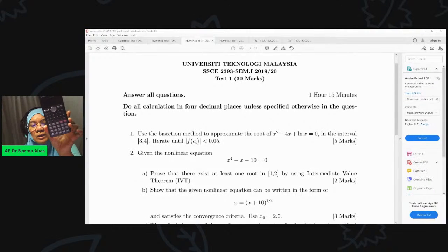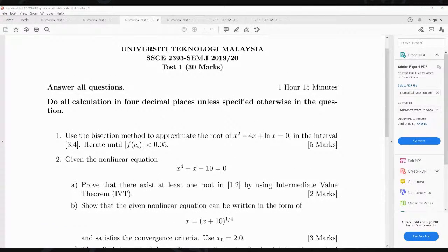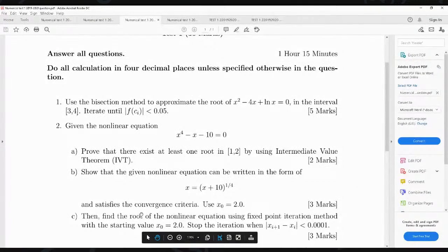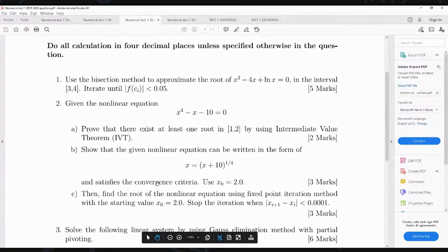You have 1 hour, 15 minutes to answer the question. And then second, you need to use the bisection method. And then the next, the second question, they ask you to use the intermediate value theorem. Where is the location of the root? All right.